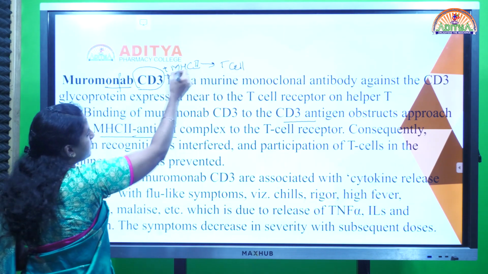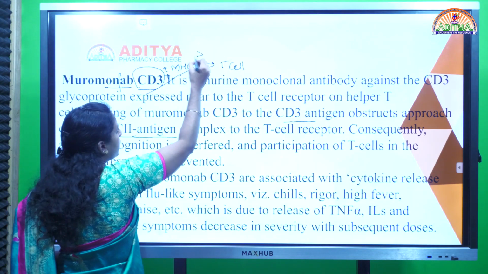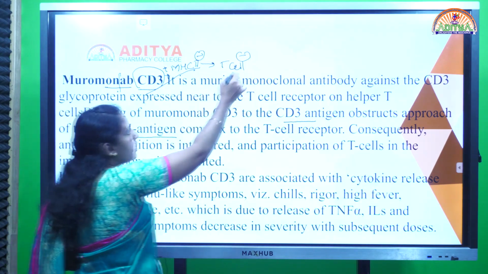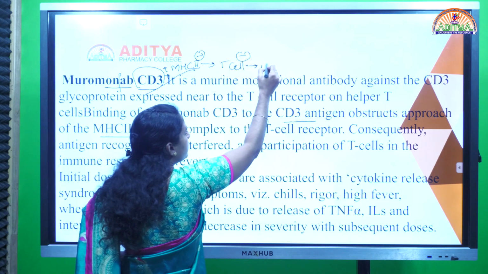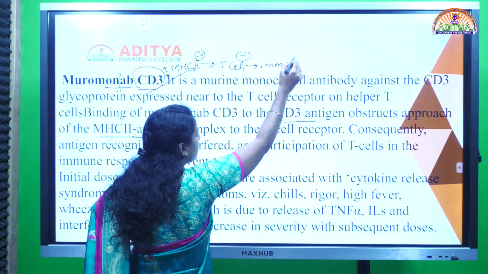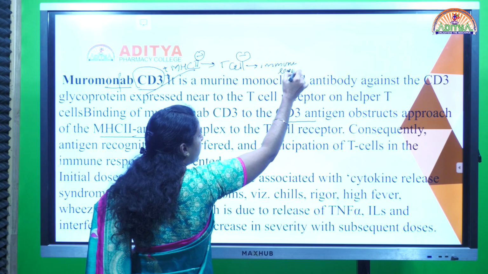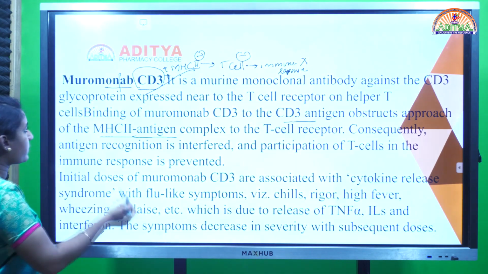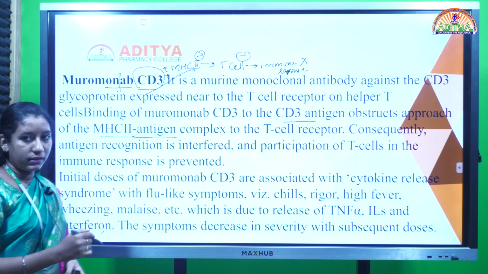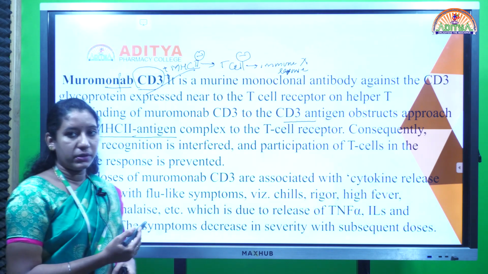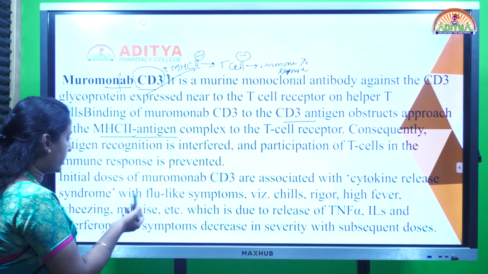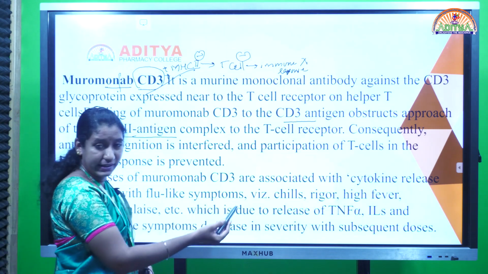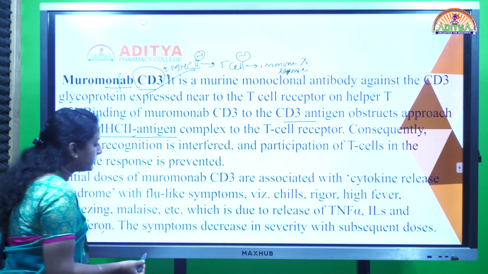If this is inhibited, the T cell activation and proliferation is also inhibited, and immune responses are not produced. That is about muromonab CD3, but it has side effects: it can produce cytokine release syndrome, like flu-like symptoms, which result in chills, rigor, high fever and malaise.